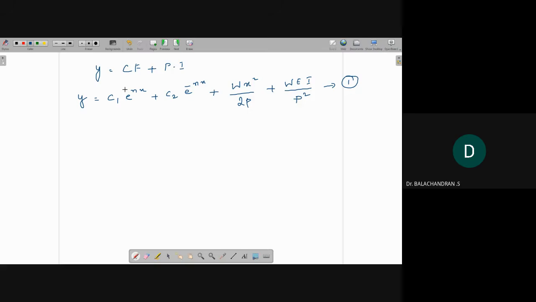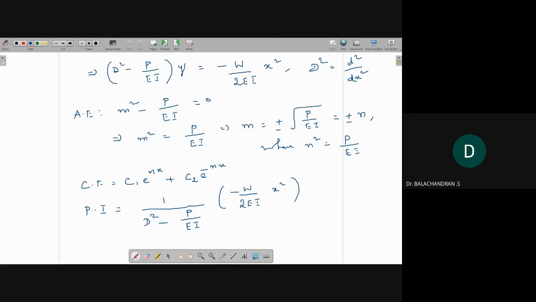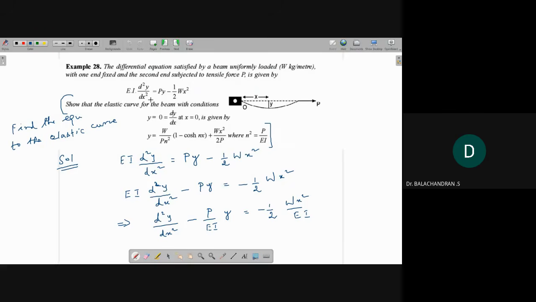So now we need to find C1 and C2. For this, they are given a condition here. When x is equal to 0, y equal to 0, and similarly when x is equal to 0, dy by dx is 0. So here it is one fixed end, and the second end is subjected to the tensile force.